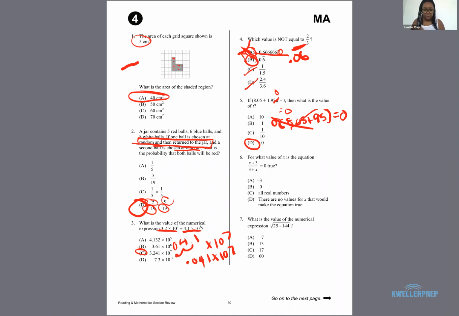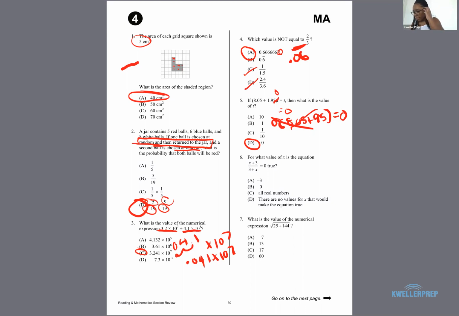Yes, A does not equal 2/3, because instead of writing 0.6 forever, they chose to round one of the last 6s to a 7. So A is the answer because A does not equal 2/3. In fact, let me erase it. A does not equal 2/3 because it is the least precise. They rounded one of the 6s to a 7 so that they could end it and stop writing it, because it's really 0.6 forever.